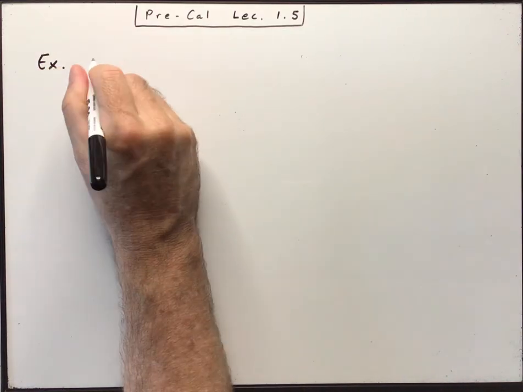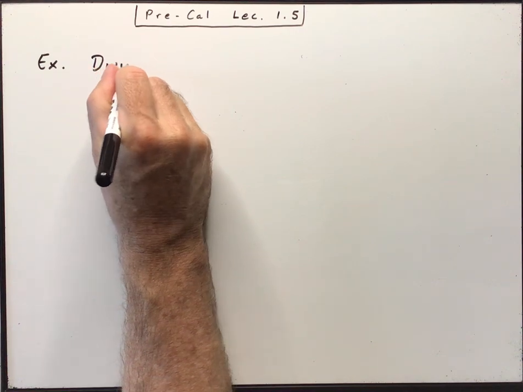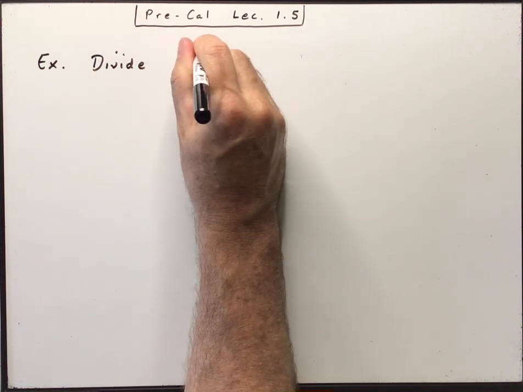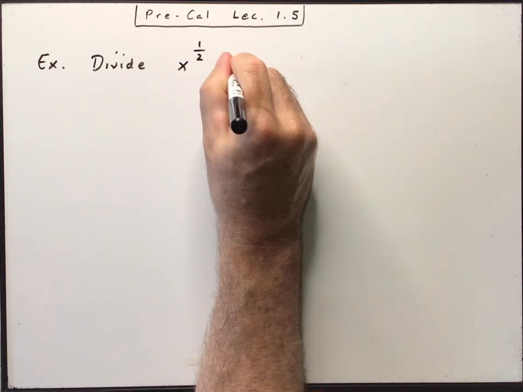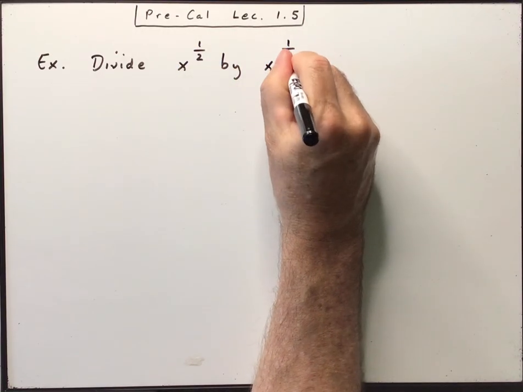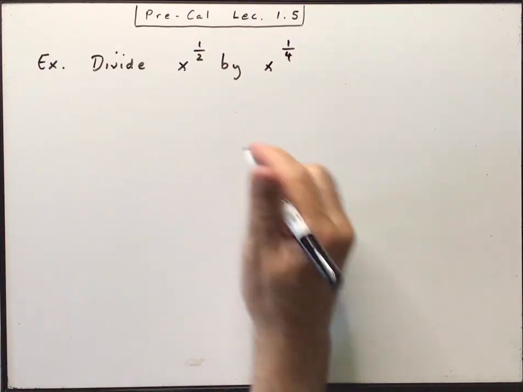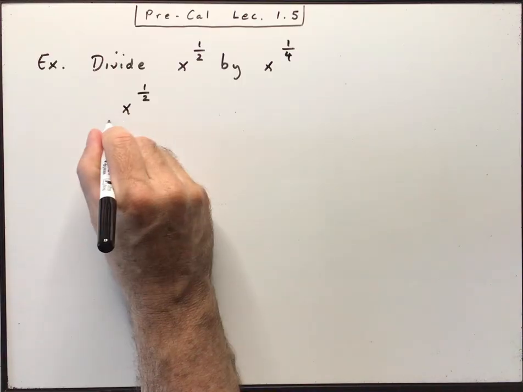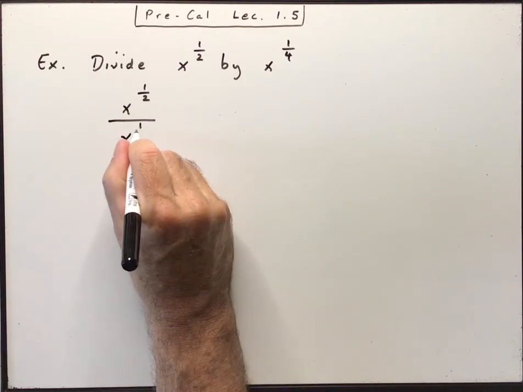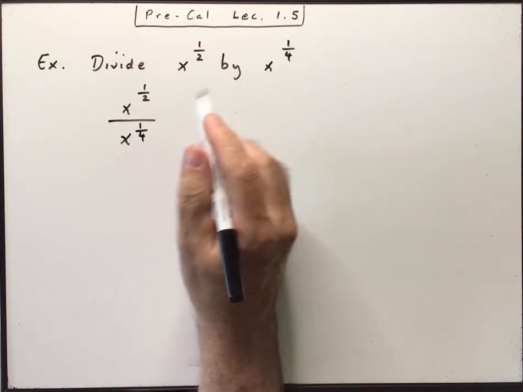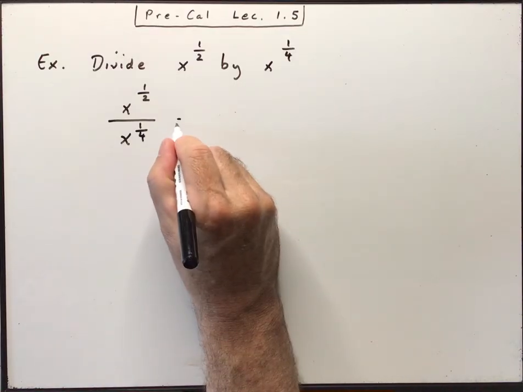So our next example is we want to divide x to the 1/2 by x to the 1/4. So we could rewrite this simply as x to the 1/2 over x to the 1/4. Well, when you're dividing the same base to different exponents, you would subtract the exponents.